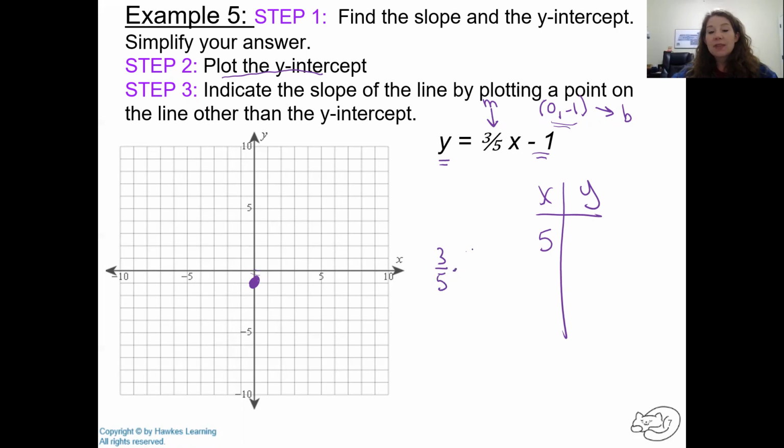If I multiply 3/5 times 5 over 1, those denominators cancel each other out. You see that? So when I multiply 3/5 times 5 over 1, I get 3 over 1, minus 1. 3 over 1 is 3, and 3 minus 1 is 2. So this is the other point I'm going to graph.